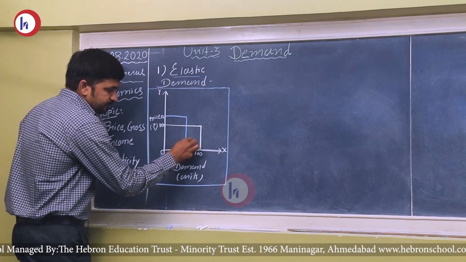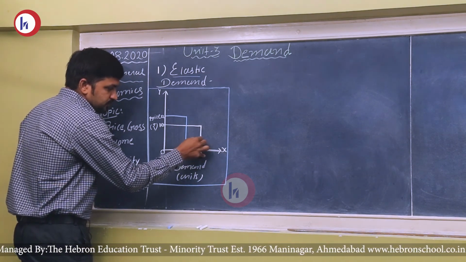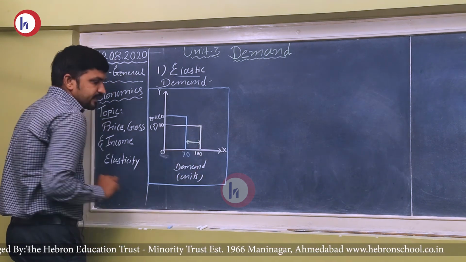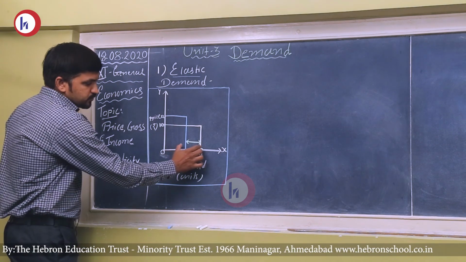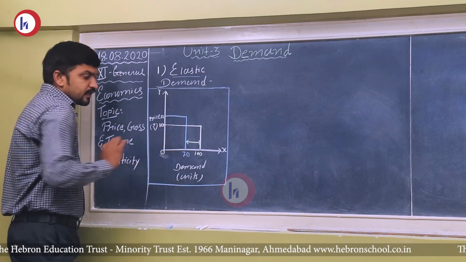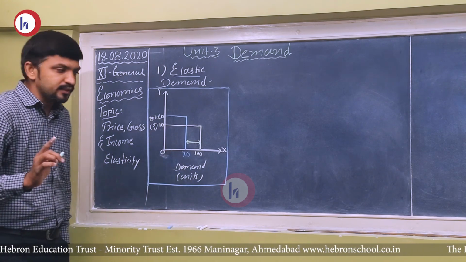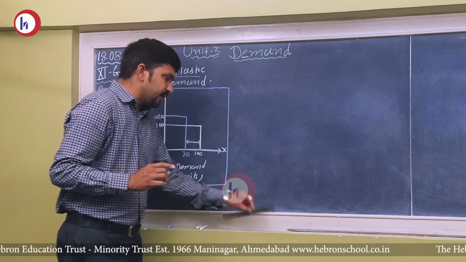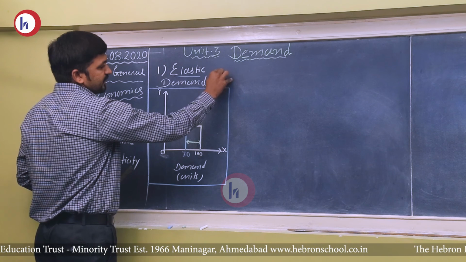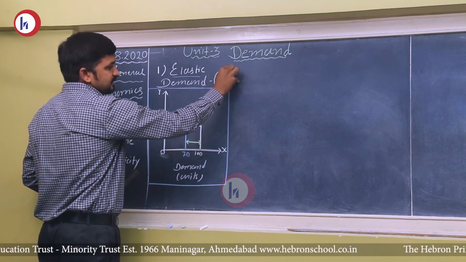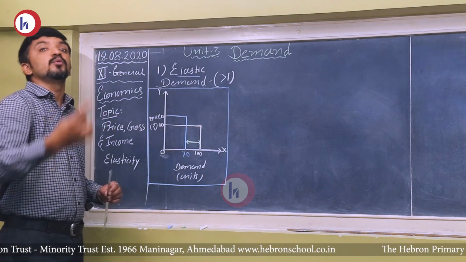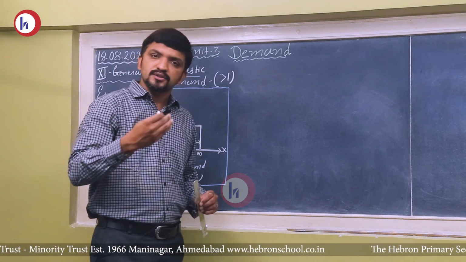See this gap, this shows change in demand, this shows percentage change in demand, and this one is more than this change, means price changes by 20%, demand changes by 30%. So it is known as elastic demand, because in case of elastic demand, answer is greater than 1. Greater than 1 means change in demand is more.